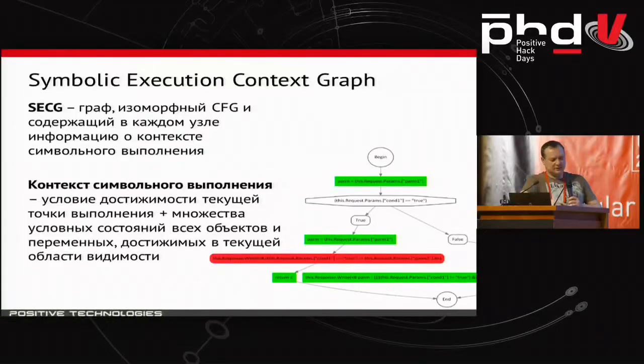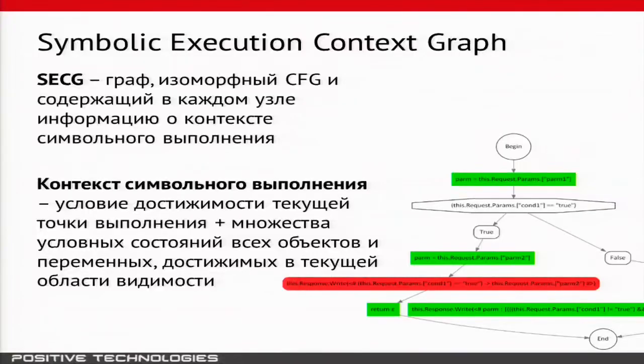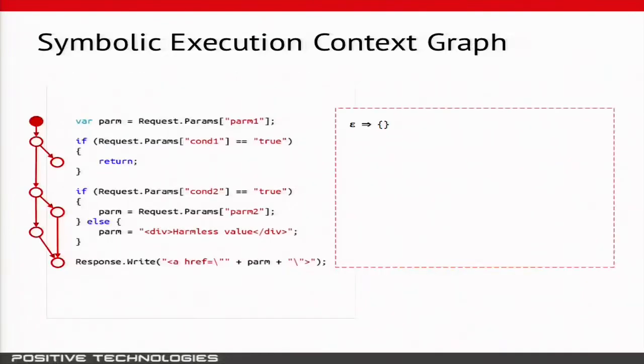The condition of achieving, so under what condition we get to this point, and the set of values of all the variables and conditions of the objects that are achievable for this point. It's very difficult to understand what it means. There is a simple code, and I can just show you as an example.